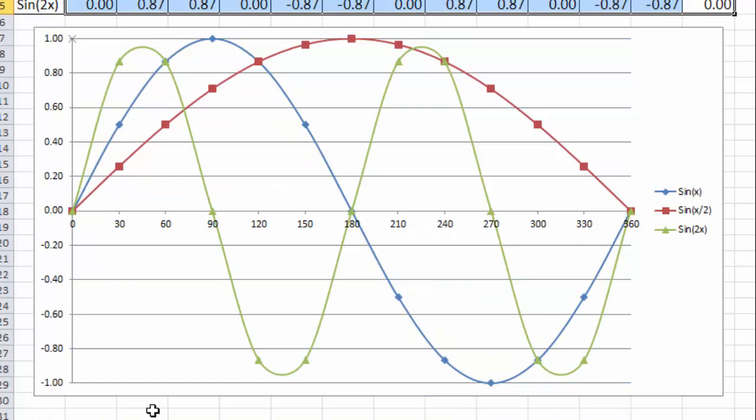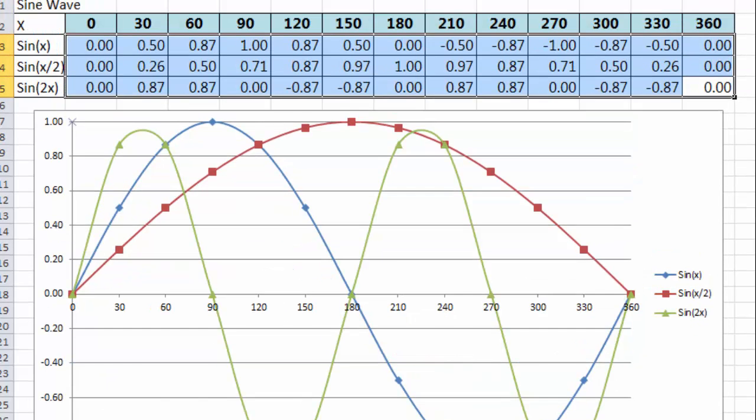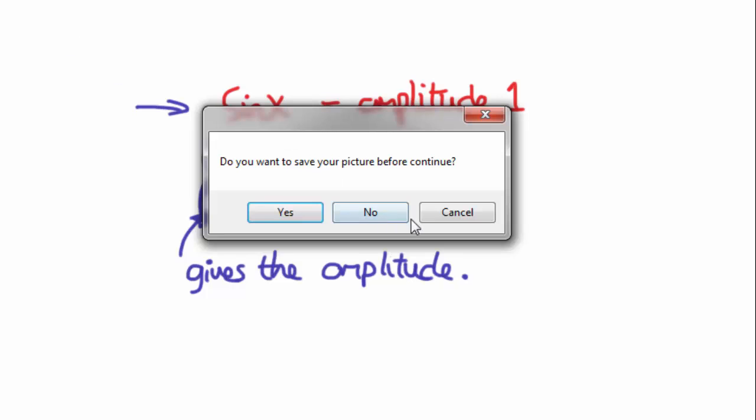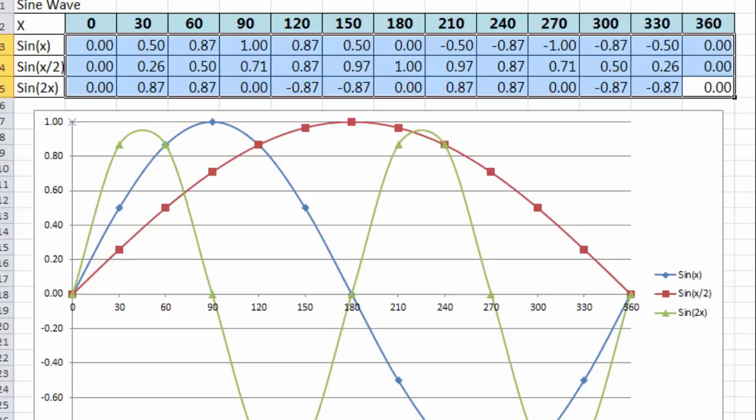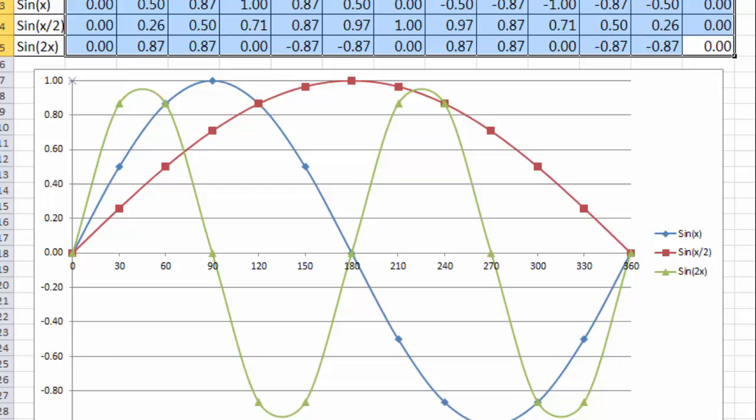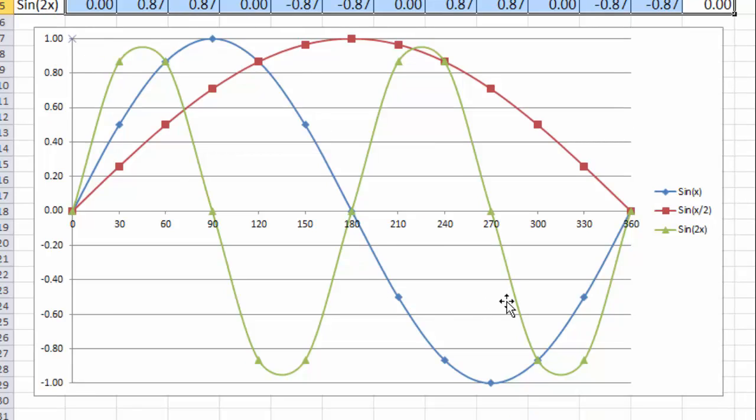We then did a wee task in which you get given these functions. So it's sine x, that actually means sine x over 2. So that was sine x divided by 2. Okay, now when we look at that, and then we look at sine 2x, what we've got is a blue wave is sine x, so that's still got the period of 360.